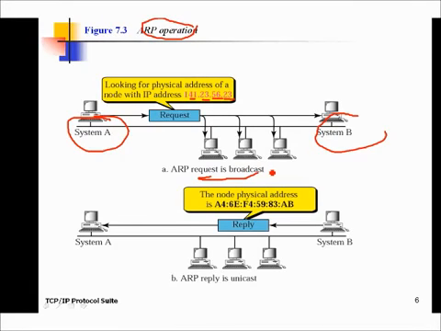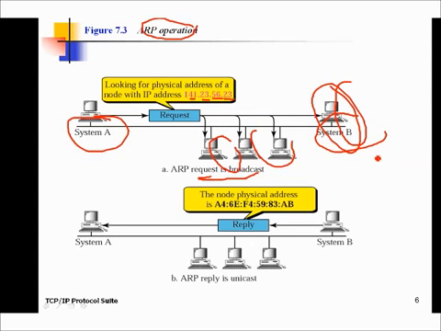It asks the ARP protocol to send a broadcast request packet to ask for the physical address of a system with IP address 141.23.56.23. This packet is received by every system on the physical network, but only system B will answer it, as shown in this figure.